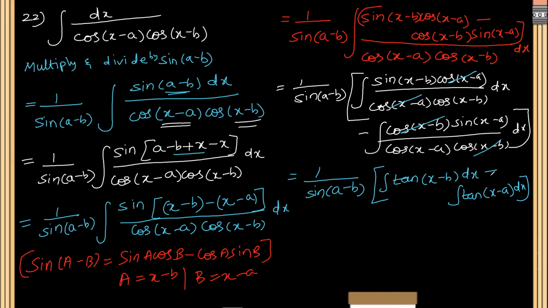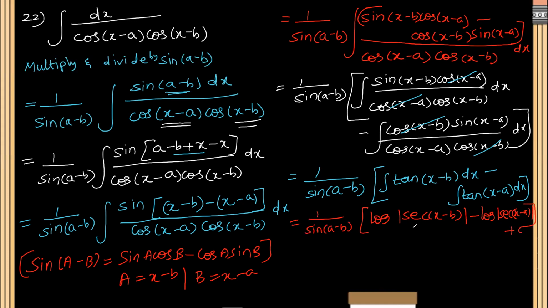Integration of tan, we know, is log secant, isn't it? So this can be written as 1 by sine of a minus b. Integration of tan is log secant. In place of x, we have x minus b. We don't have any number as coefficient, it is plus 1, so we can keep it as it is. For the next term, it is log secant of x minus a plus c.